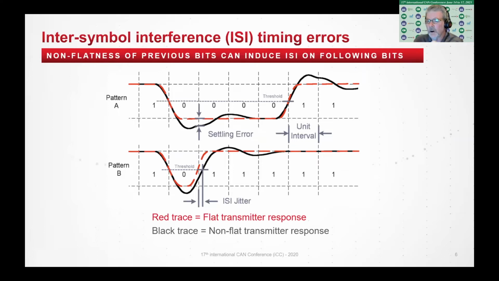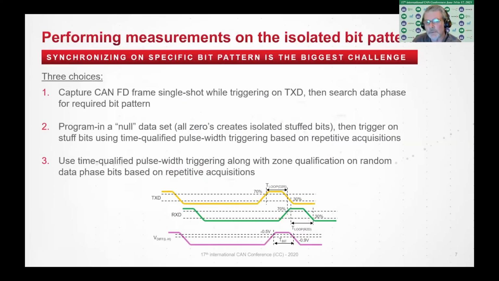If you always make the measurements with 5 preceding bits, you can negate the effects of this timing. However, it's probably a good idea to do it with 5 preceding dominant bits, and then also do the same test with perhaps just 1 dominant bit preceding the edge you're measuring, and then compare the difference.